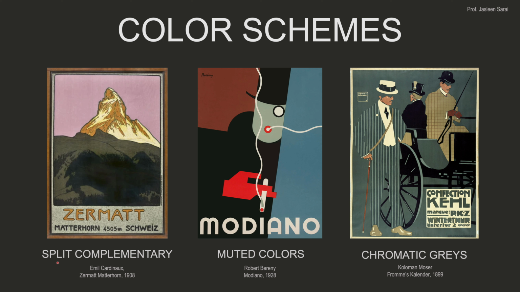So this again is an example of split complementary. You can also call it near complementary, where you have green, like a really dark olive green mountain, and on the opposite side of it the opposite would be red, but they've used pink and orange, which are near red, right?